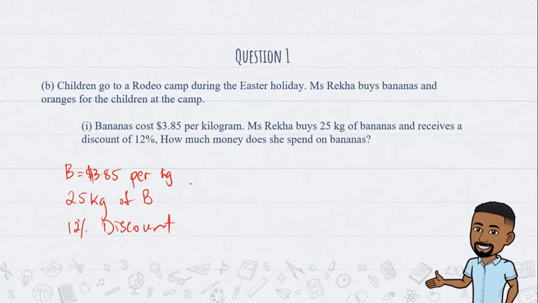So the first step is to know the amount that she would have paid without the discount. So it's 3.85 multiplied by 25 in order to know the cost before discount. So let me make a note of it. So this is the cost before discount.